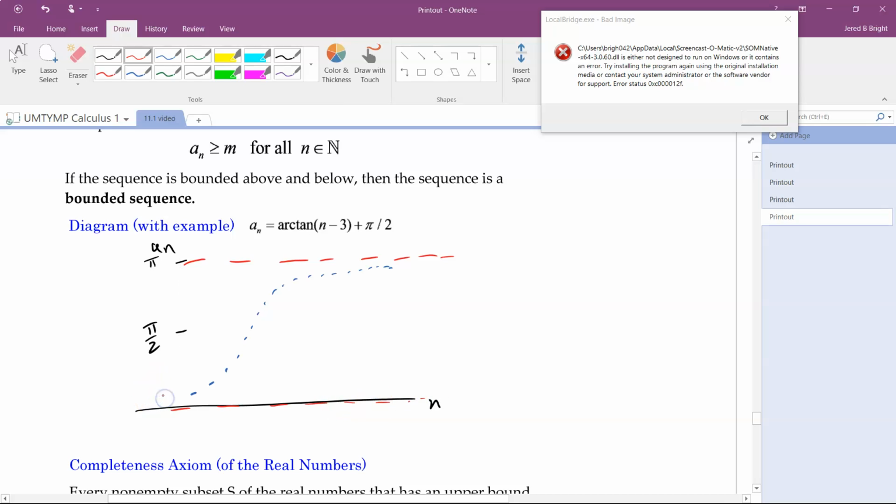I actually can't have values over there. Oops, undo. Oh, okay, we'll just leave that. But so this would be an example of a bounded sequence. It's bounded above by pi, bounded below by 0.